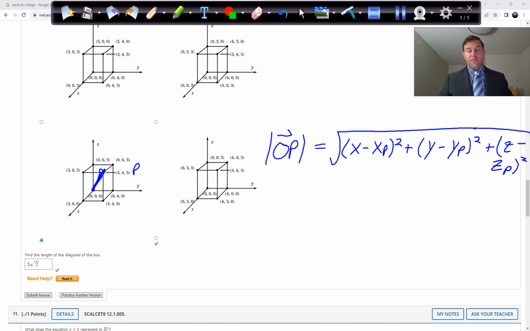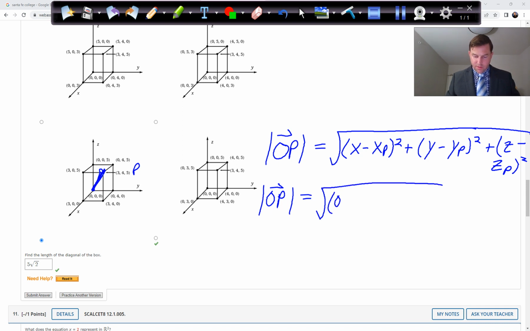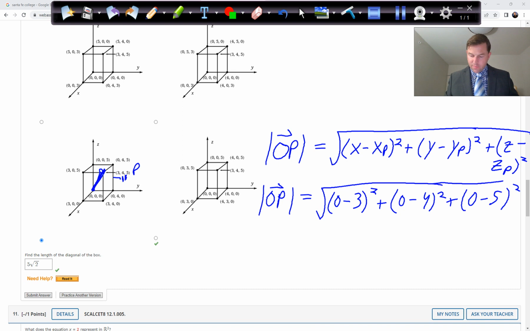Now what's nice is when you have the origin, x, y, and z all become 0. So for the origin to this point that we have, it's going to be the square root of 0 minus the x component, 3, squared, plus 0 for the origin minus the y component, 4, squared, plus 0 for the origin minus the z component, 5, squared.